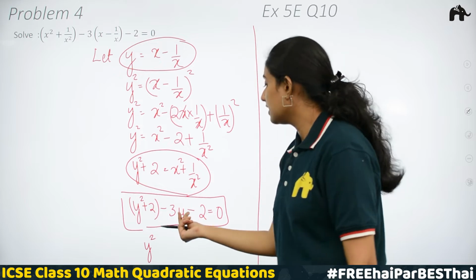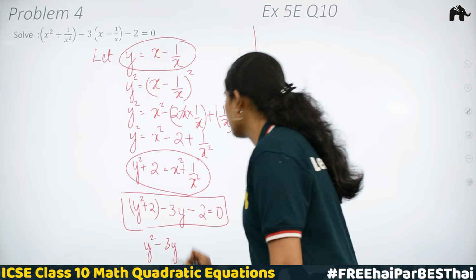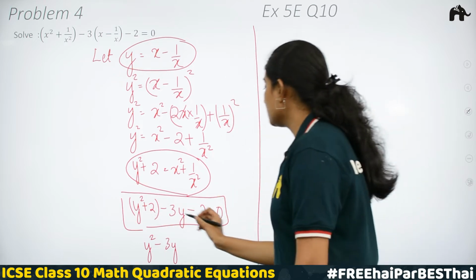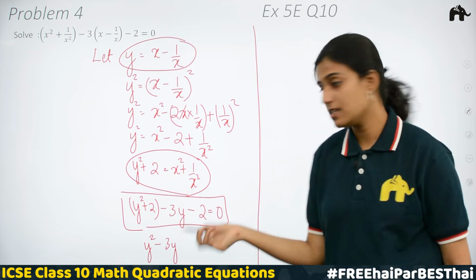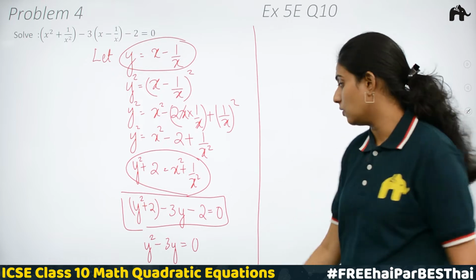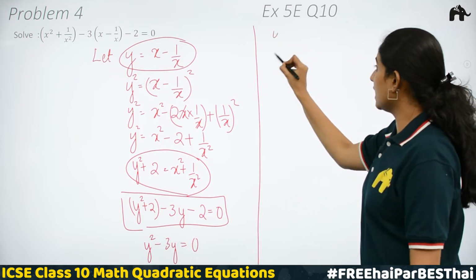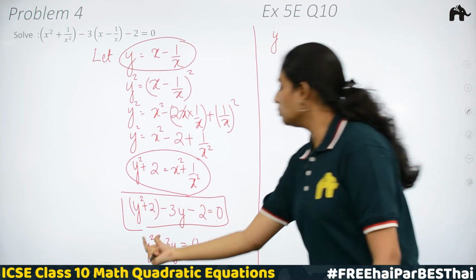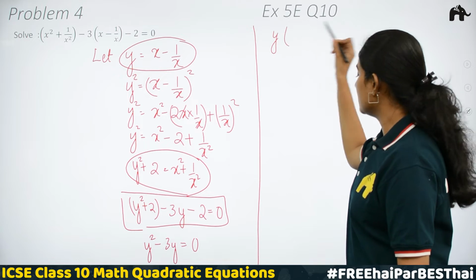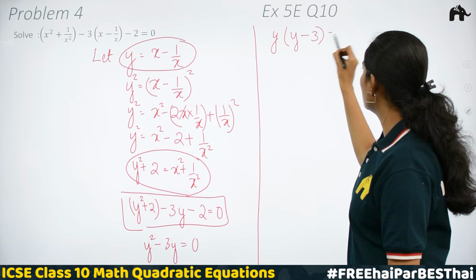Then, term containing y, minus 3y, plus 2 minus 2, which means plus 2 minus 2, that is 0. Then this is equal to 0. y square minus 3y. We have a common term. y is common in both these terms. Taking y outside, remaining inside the bracket, we have y minus 3 is equal to 0.